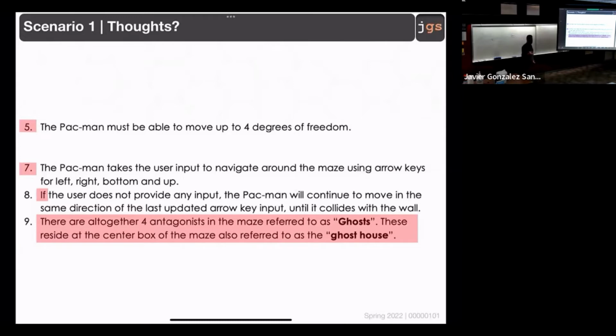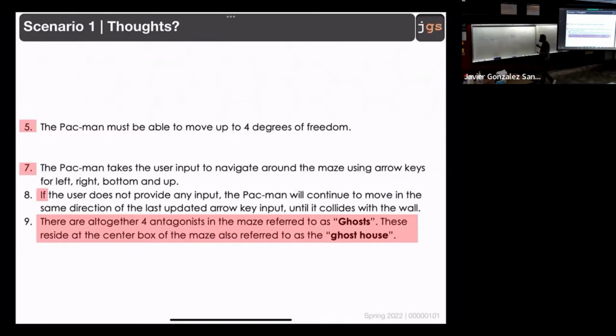For the first time, you are telling me, because again, this is a copy paste of one homework, so that is the number 9, you are telling me about the ghost. You are telling me that there is going to be an enemy in the game, and that the enemy are going to be the ghosts, or that is the name that you're going to use. So you're trying to tell me that those guys, the antagonist, should be there.